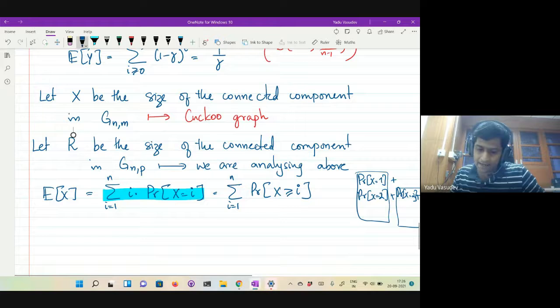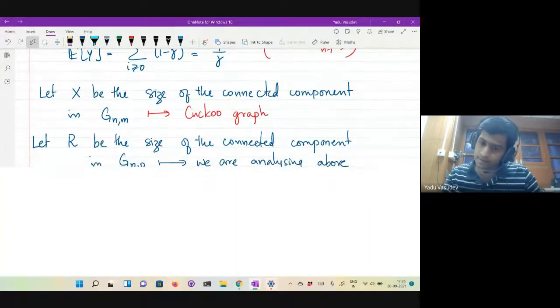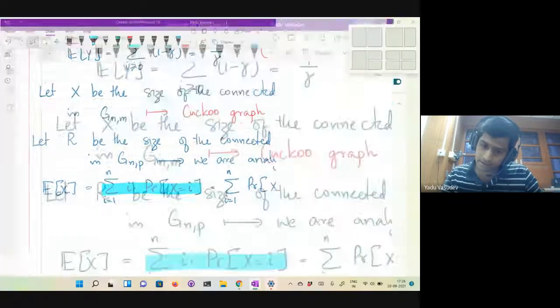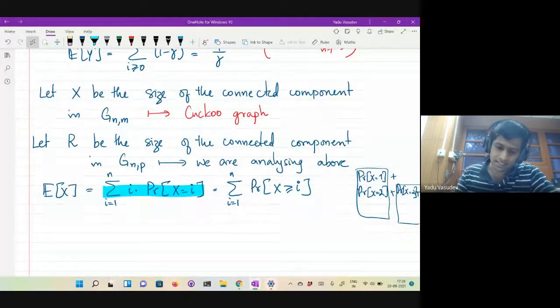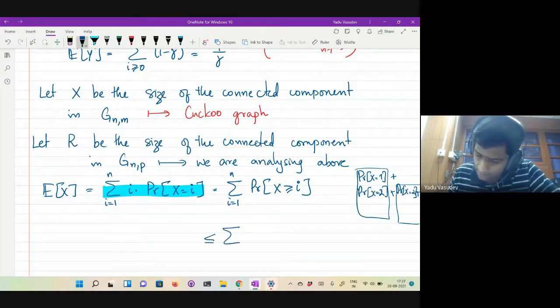What we know from the last lecture is that this quantity is upper bounded by the summation, I equal to 1 to n, of the probability that R is greater than or equal to I, plus an error term, which is very, very tiny.